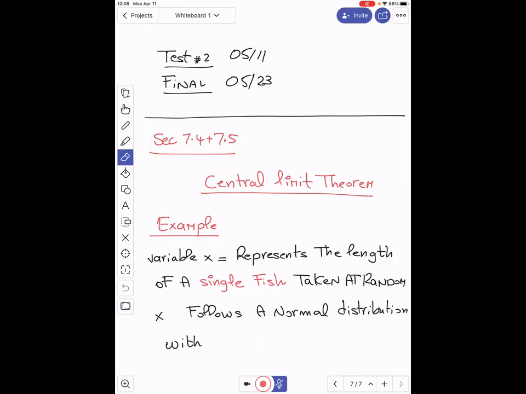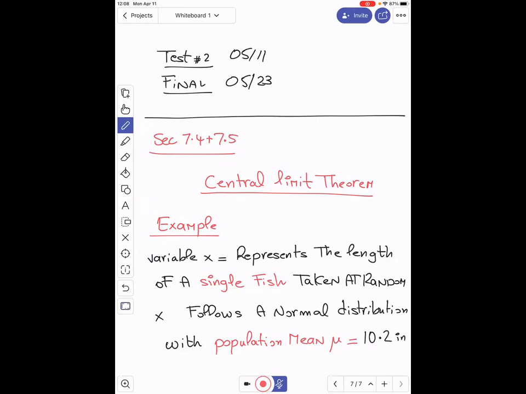This is a population mean, mu, equal to let's say 10.2 inches.